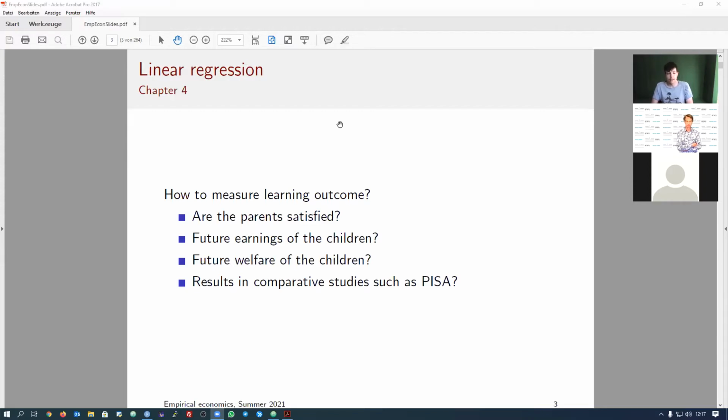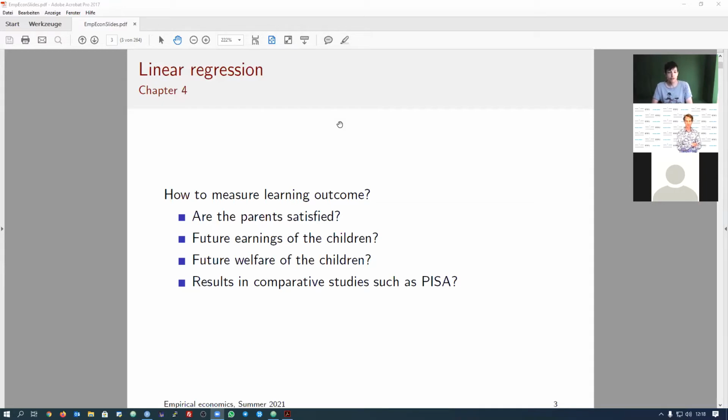But on the other hand, we're looking at future earnings, so possibly 15 or 20 years later, after we might have conducted an experiment based on increasing or decreasing class sizes. We don't want to wait 15 or 20 years to get answers to questions that we'd like answered right away.